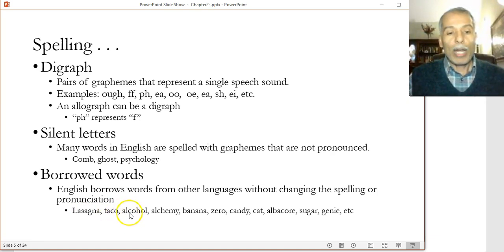Alcohol from Arabic. Alchemy from Arabic. Banana from Arabic. Zero from Arabic. Candy from Arabic. Cat from Arabic. Albacore from Arabic. Sugar from Arabic. Genie. I'm saying this only because I speak Arabic and I can say there are so many words.